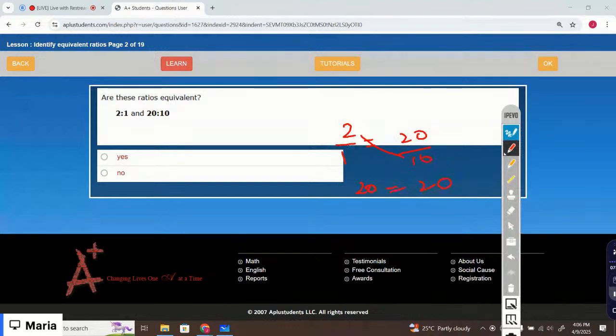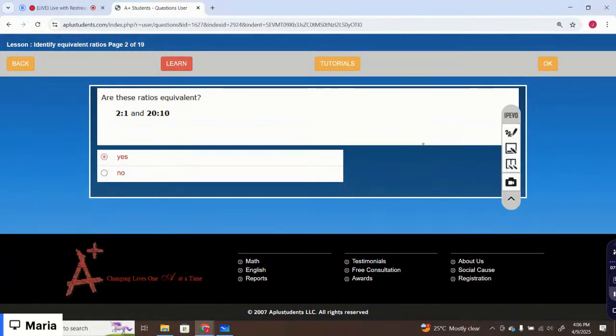So option number 1 is the correct option. Yes, they are equivalent.